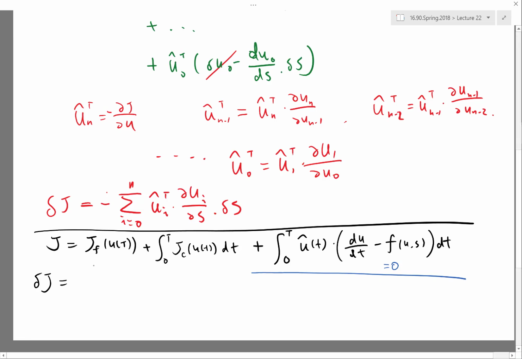So delta J, following linearization of this formula, would be dJf/du times a small perturbation of u at time T. So that's a linearization of the final cost.